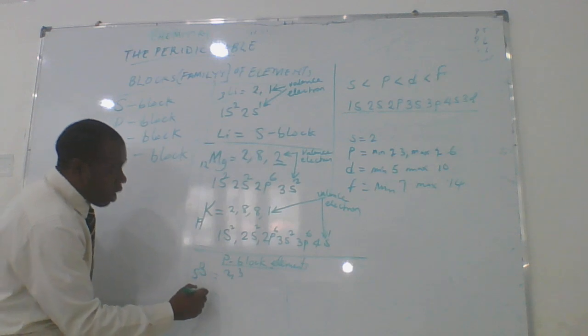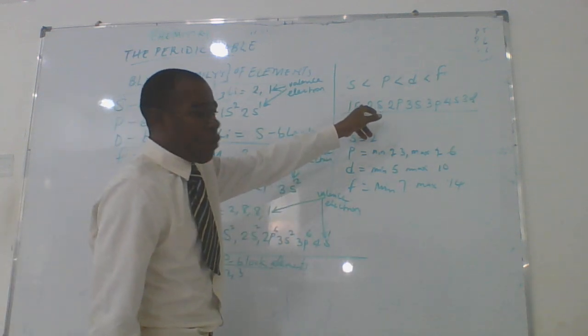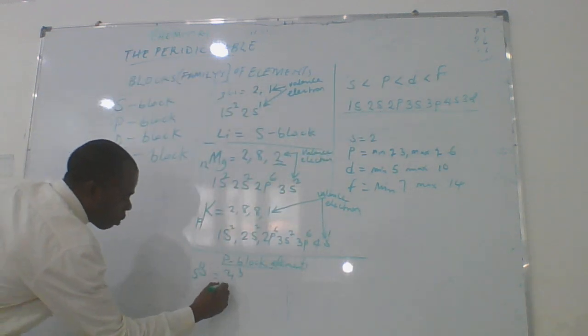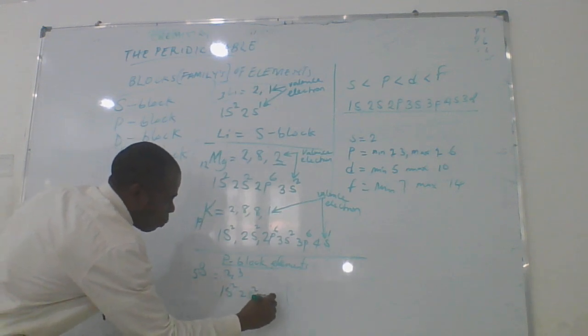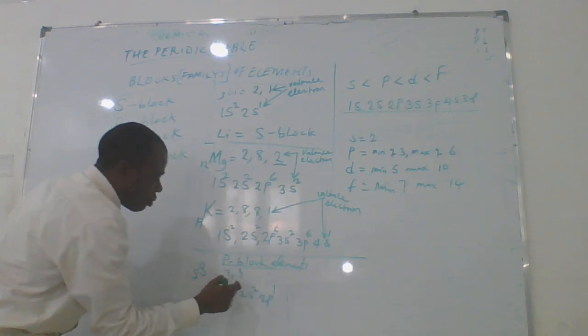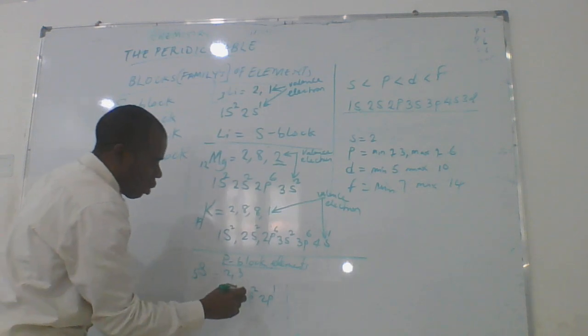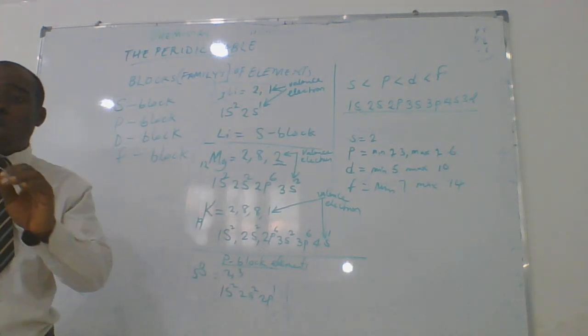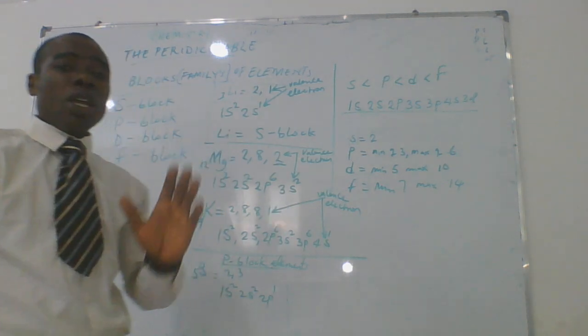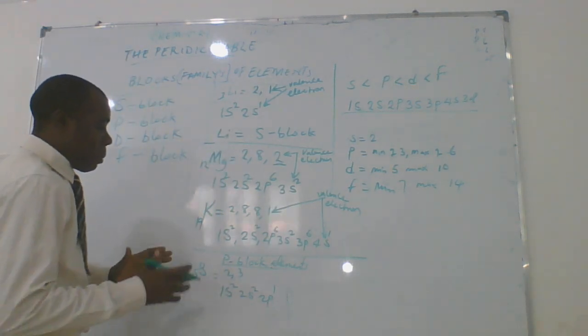So if I use our SPDF notation, don't forget this, I use 1s2, 2s2, and then 2p1. You notice here that the valence electron of boron is on the p orbital, and so because of that, boron is in the p block.